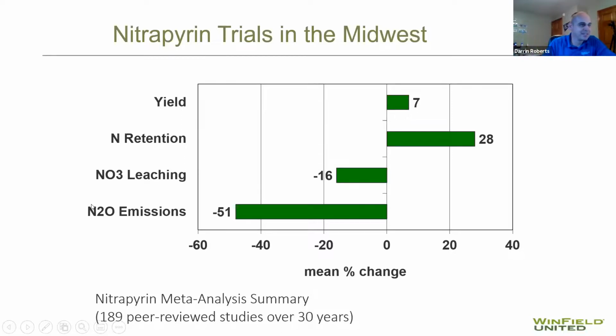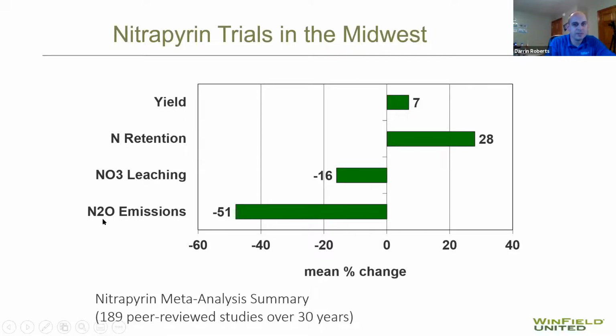One topic that has come up pretty frequently over the last several years: climate change, greenhouse gas emissions. A lot of times we do focus on carbon dioxide, but actually nitrous oxide is a lot more powerful greenhouse gas than carbon dioxide.